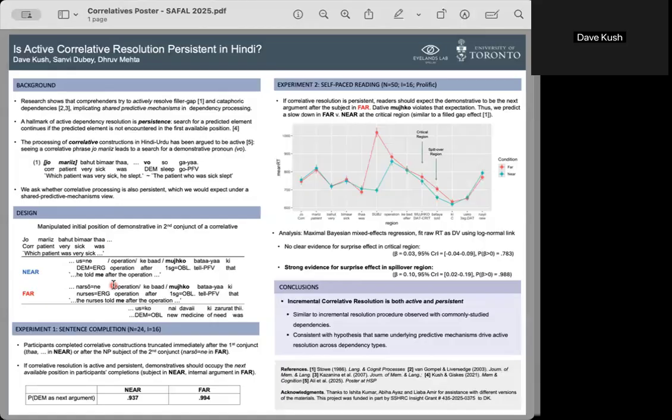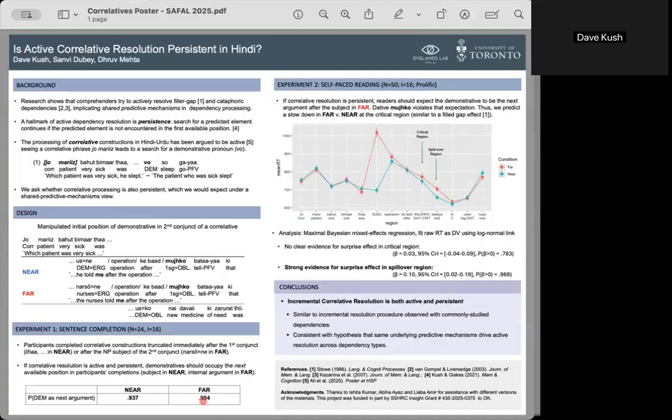And again, we reasoned that if they are active correlative resolvers, they should give us completions where the demonstrative is the next argument in the sentence.